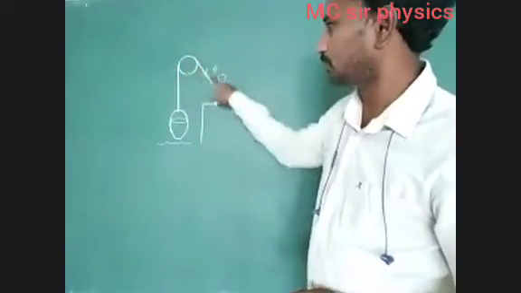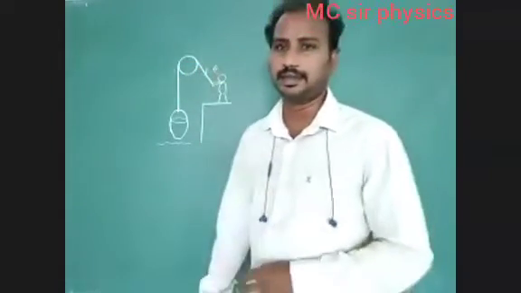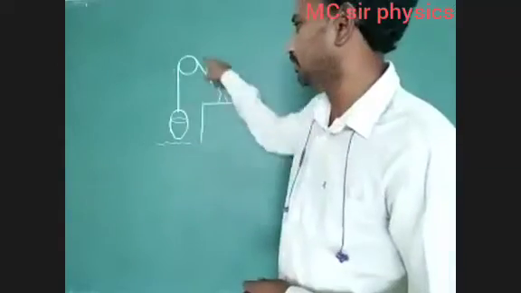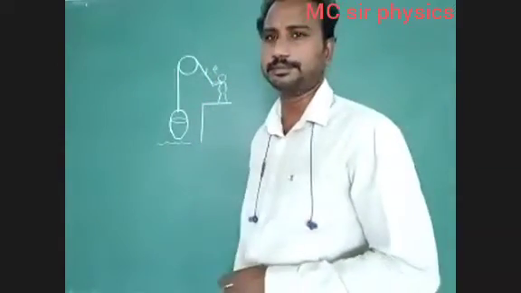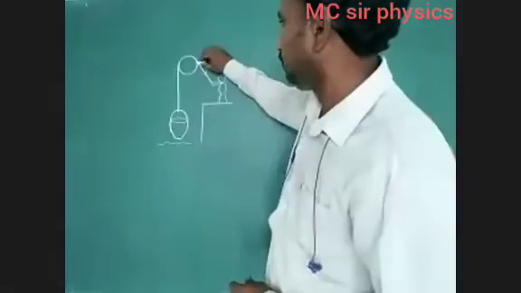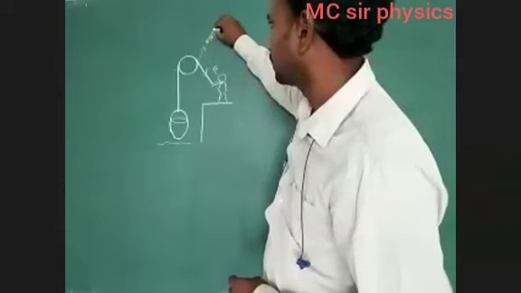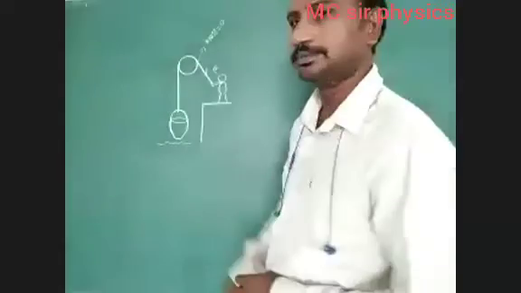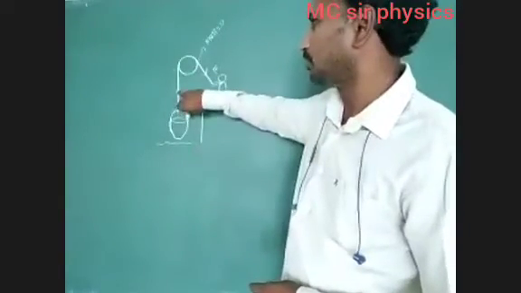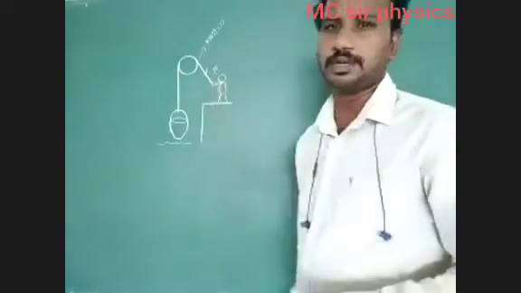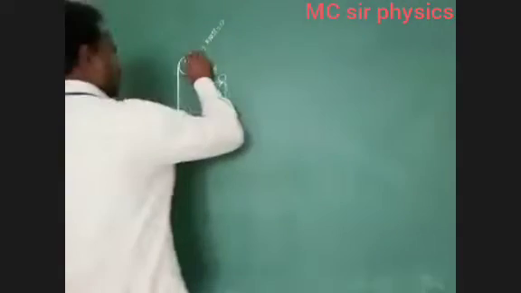Here consider that the rope is an inextensible rope. Inextensible rope means its mass is equal to 0. This inextensible rope goes over a frictionless pulley.